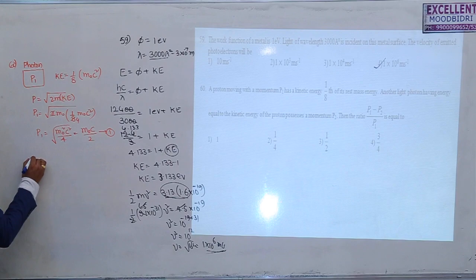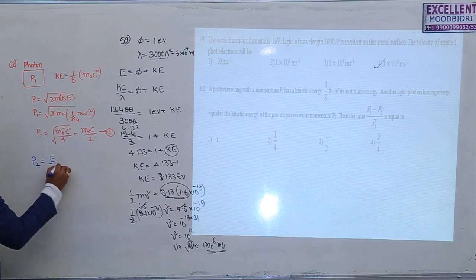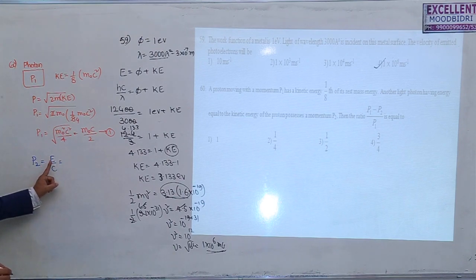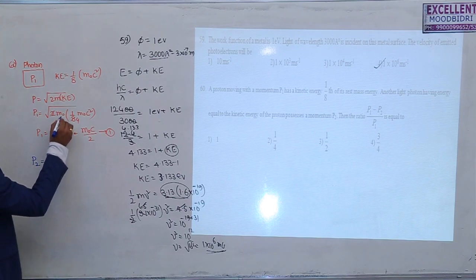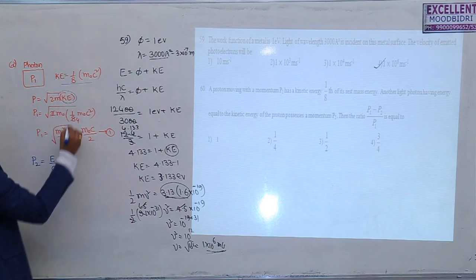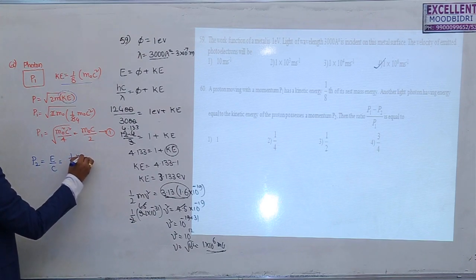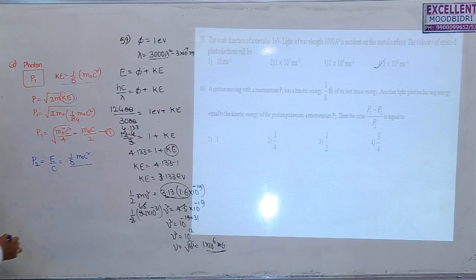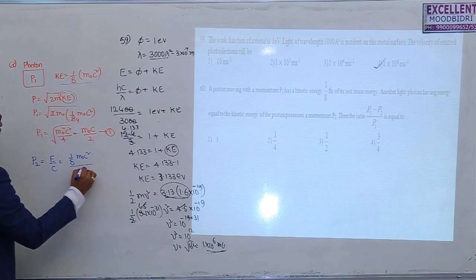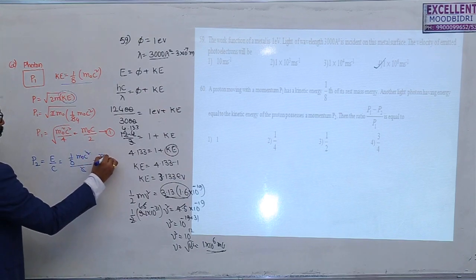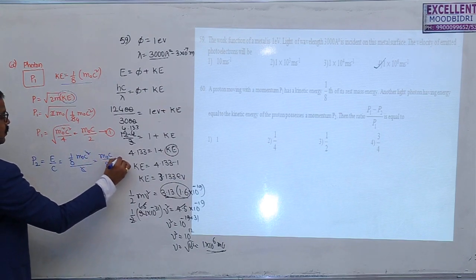So here for the second particle P2 is given by E by c. But what is the energy of this one? This is equal to the kinetic energy of the proton. So we can write 1 by 8 m0 c square is the energy, divided by c. The c's get cancelled. This is m0 c by 8.